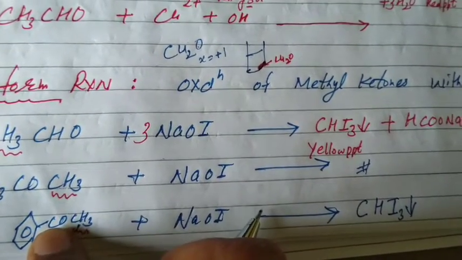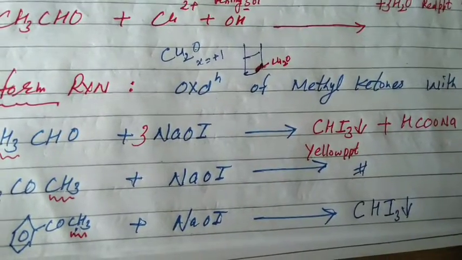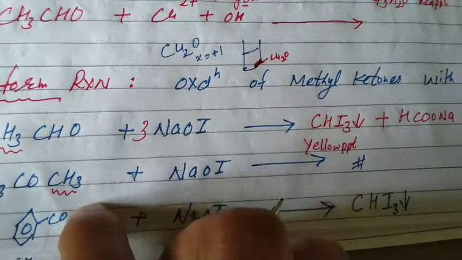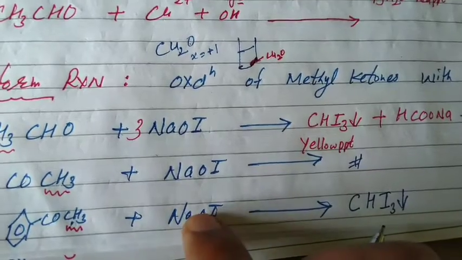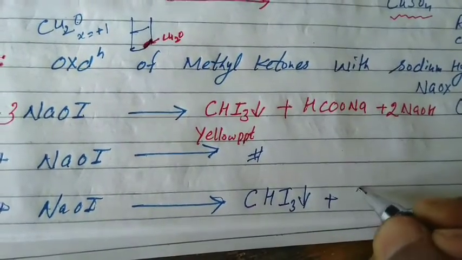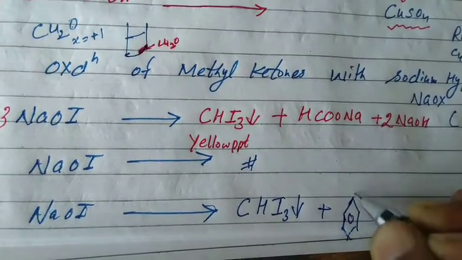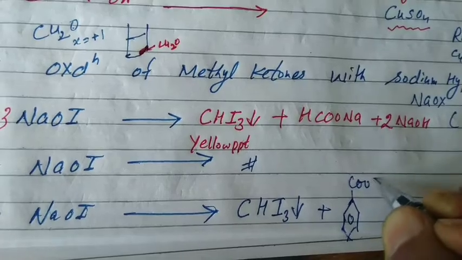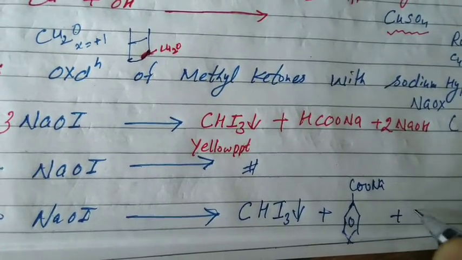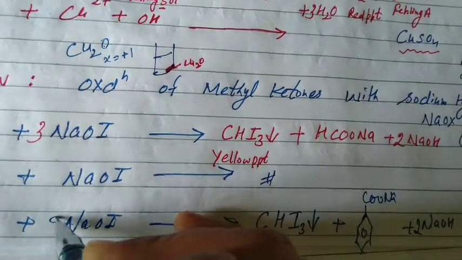The rest will undergo oxidation. That's the reason I write oxidation of methyl ketone with sodium hypohalite. When it undergoes oxidation, what is left? C6H5CO, it will gain ONa, giving C6H5COONa plus NaOH. If you have to balance, this is the balanced form.